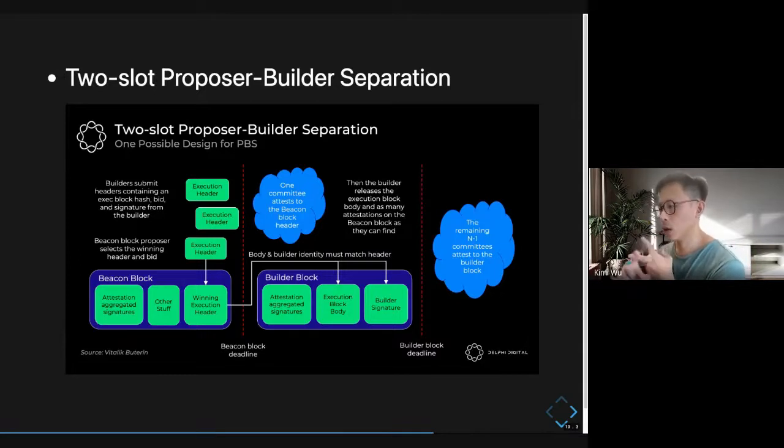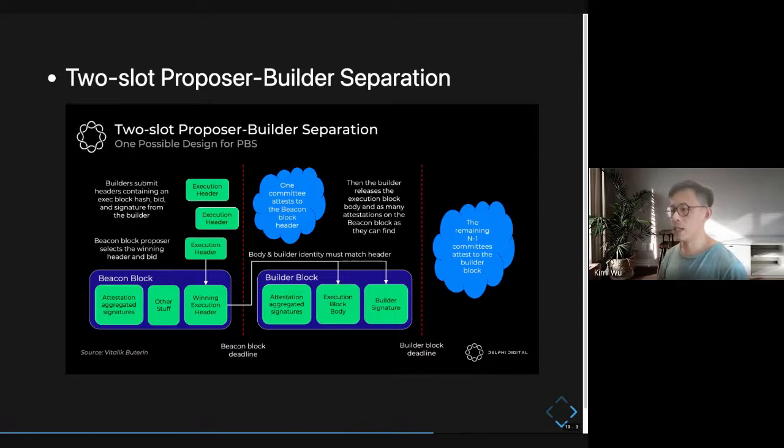The second is, because the builder submits the whole content of the block body, if I was a proposer, I can easily copy their block data and propose, and I don't need to pay money to builders.